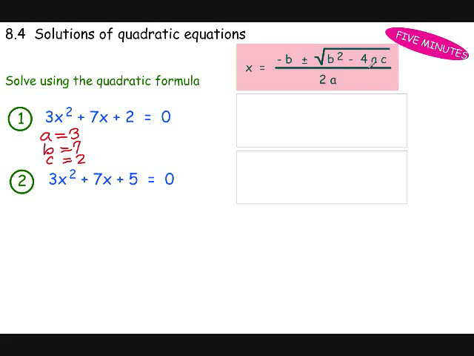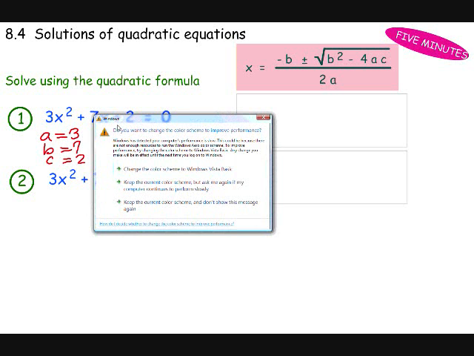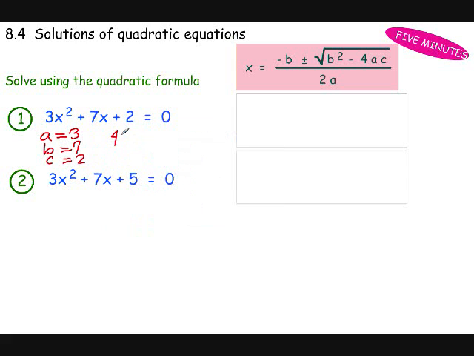We're going to start by figuring out what the discriminant is. b squared is 49.